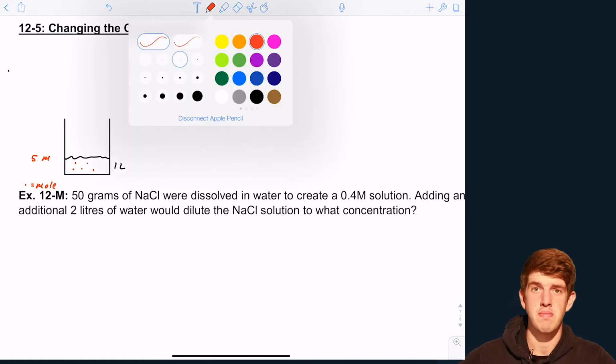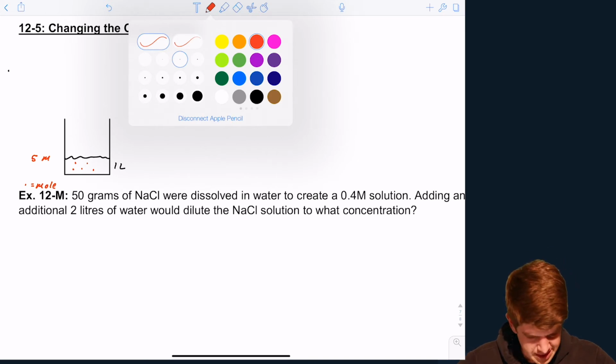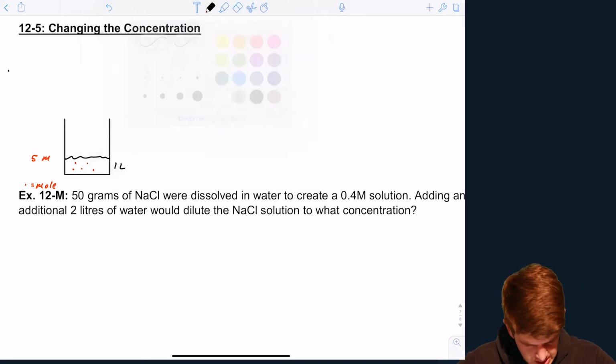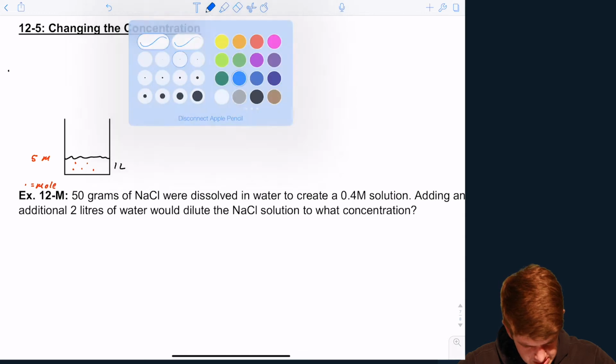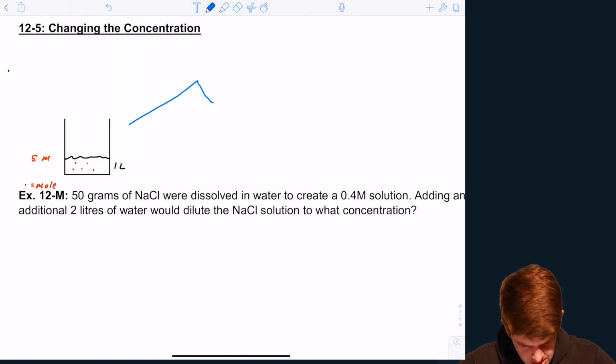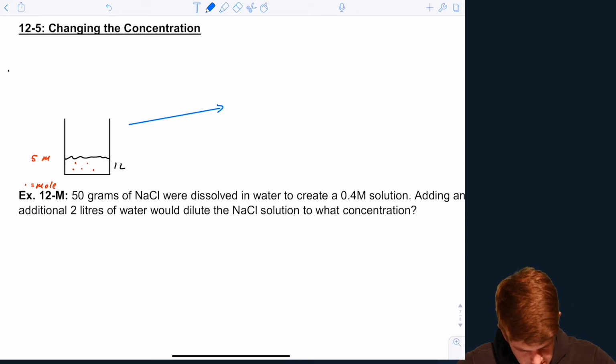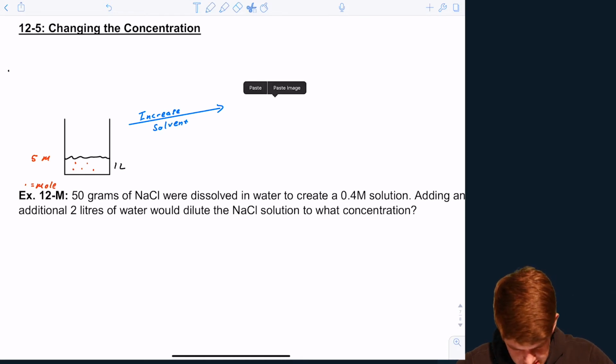Well, there are 2 components, right? There is a solute that is dissolved in the solution, and there is a solvent. So I can take that solvent and increase or decrease it. If I did that, what would happen?